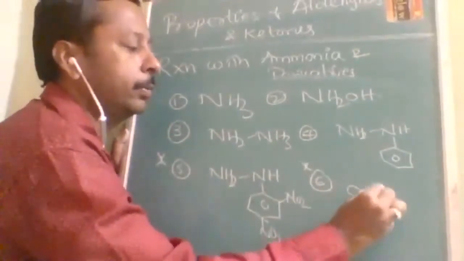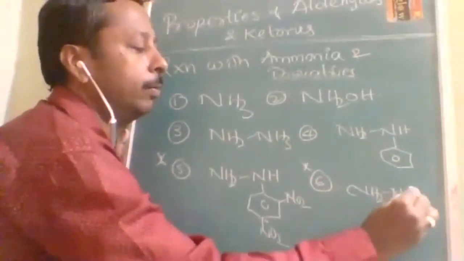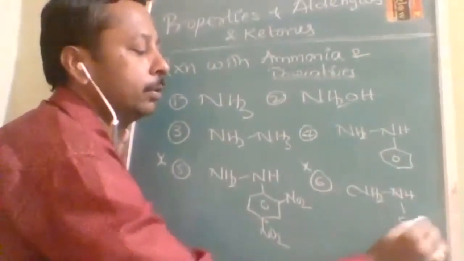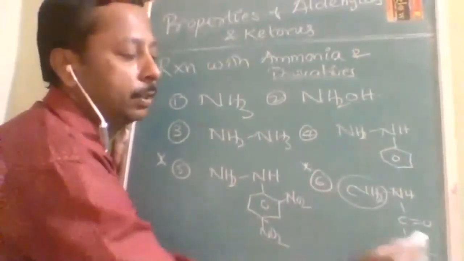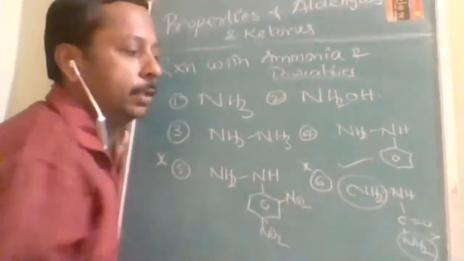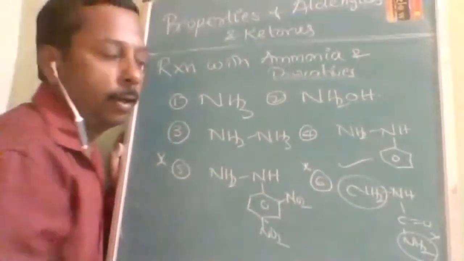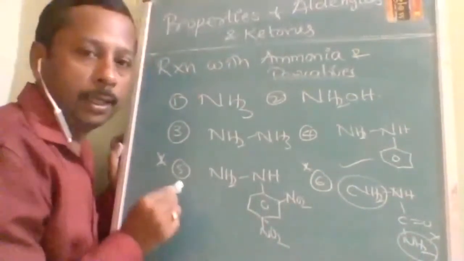And the sixth is conceptually important. What is that conceptual question? Why will the other nitrogen not be involved? This is the product. This is also nitrogen, this is also nitrogen, but always this one will participate and this one will not, because its lone pair is involved in conjugation with the carbonyl group. And where is it used?